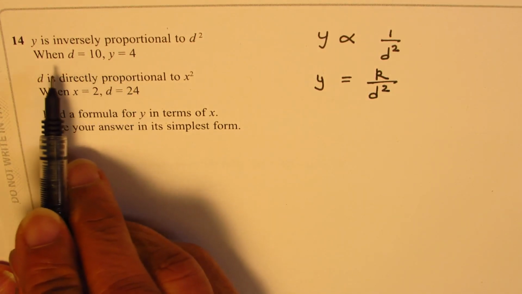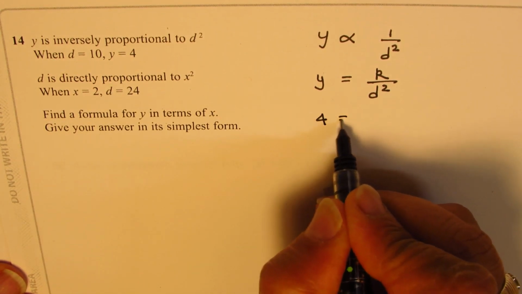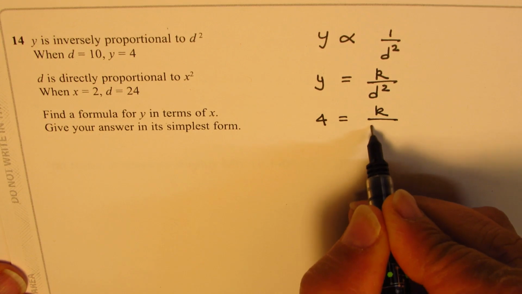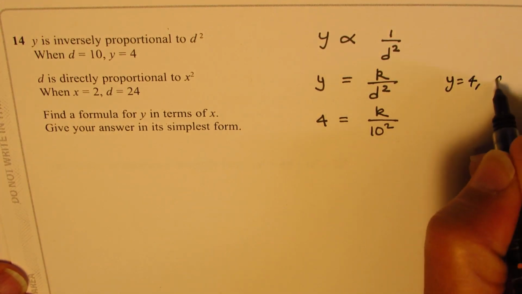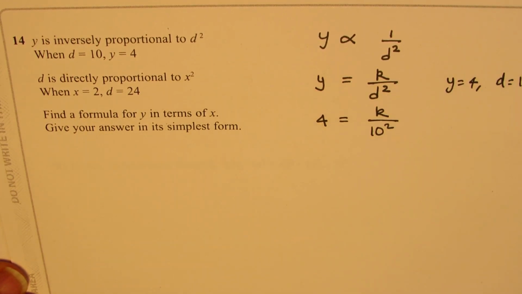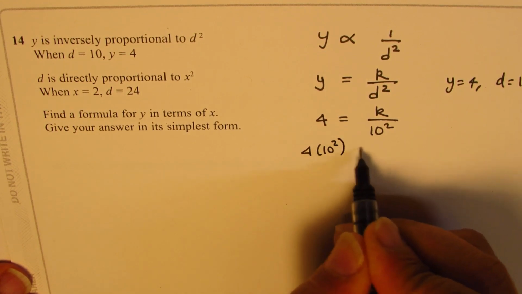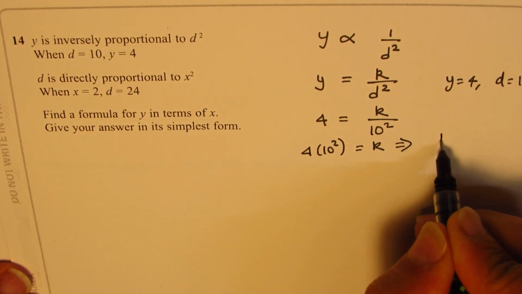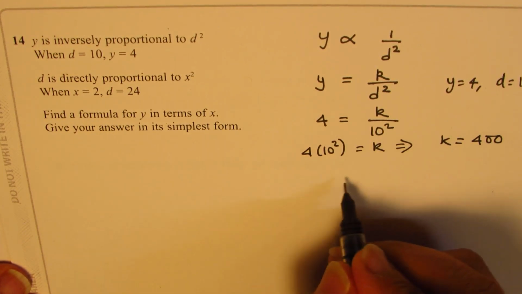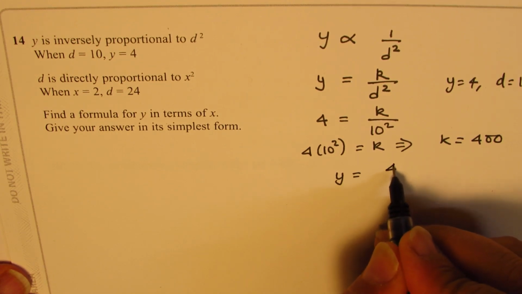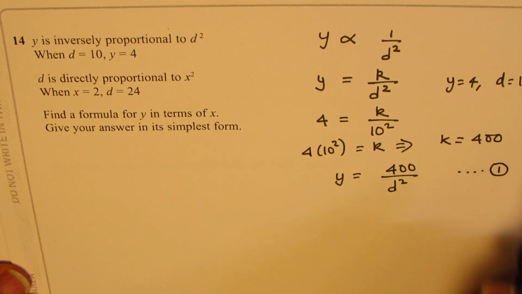Now the condition is that y equals 4 for d equals 10. So we can substitute y equals 4 and d equals 10 to find the value of k. So that means 4 times 10 square is equal to k, and that gives you the value of k as 400. Correct? So we get our equation y equals 400 over d square. Let's call this our equation number 1.